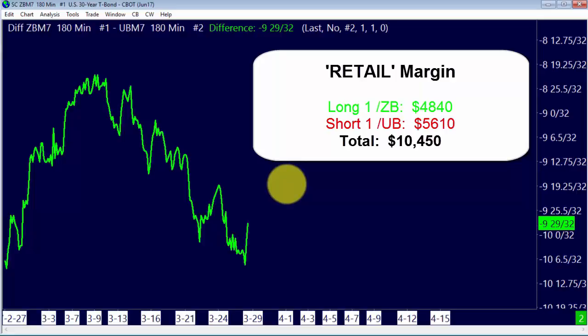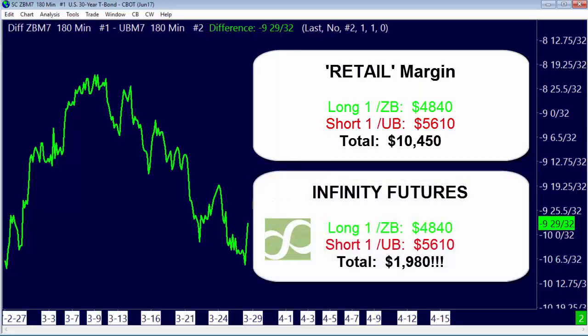If they're two separate, that's $10,000 of margin. That's ridiculous. What Infinity Futures does, and why I'm such a big fan, is because Infinity Futures recognizes and honors the exchange recognized spread relationship. So if you're long one ZB and short one UB, the margining for just a one lot is about 1/5 the price. It's about $2,000 for a one lot. So you could, in a sense, have 5 by 5 with Infinity Futures and have about $10,000 in margin.